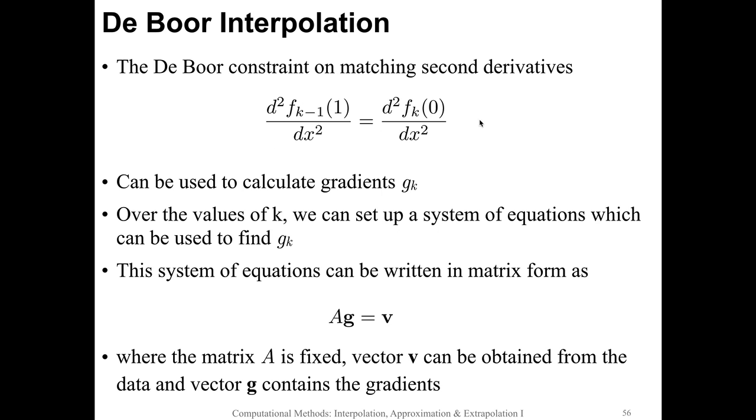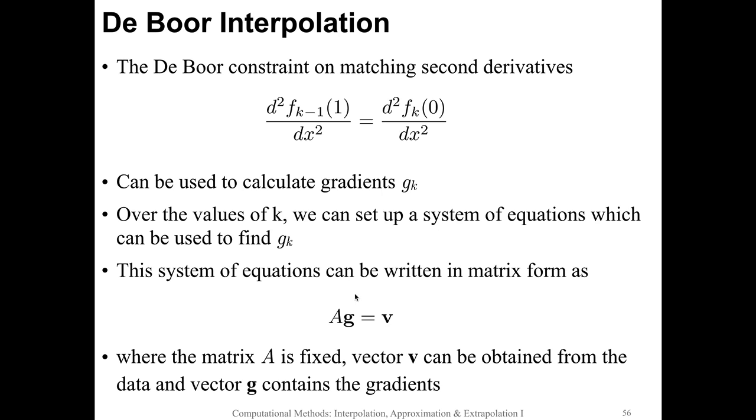And if we go into the maths of this, we can use this to calculate the gradients gk. So we specify this constraint, and that determines for us a set of gradients that end up matching these constraints. And we can use it to set up a system of equations to find our gradients at each of our knot points.